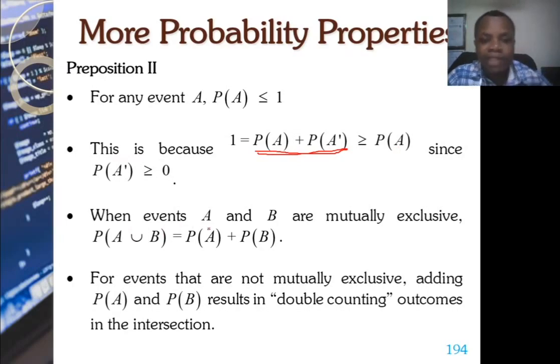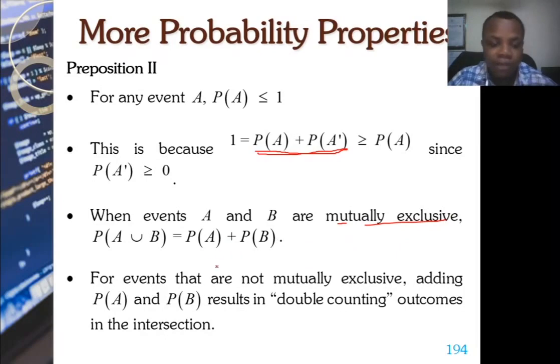So when events A and B are not mutually exclusive, it means that probability of A union B is equal to that. Remember I told you from earlier sessions that when we have such an event, we are just going to take off the probability of A intersection B. We are going to look at this in detail very soon.